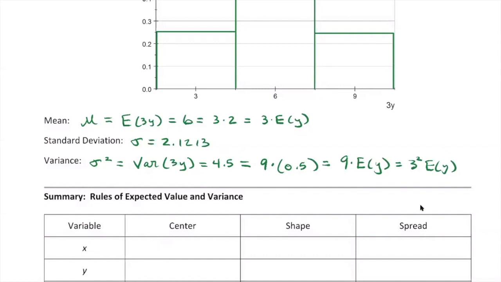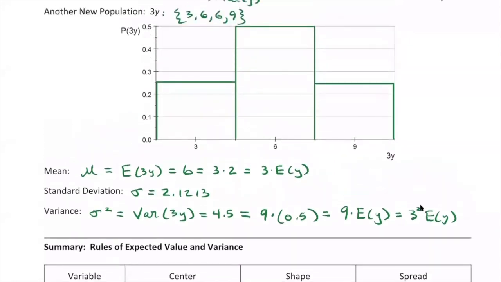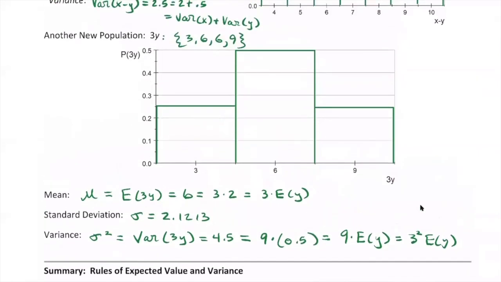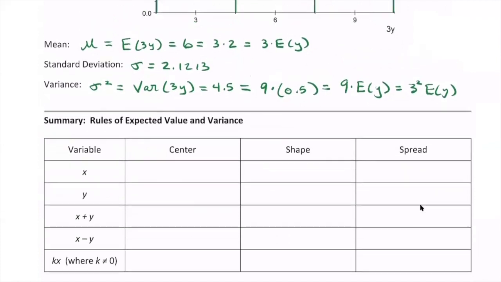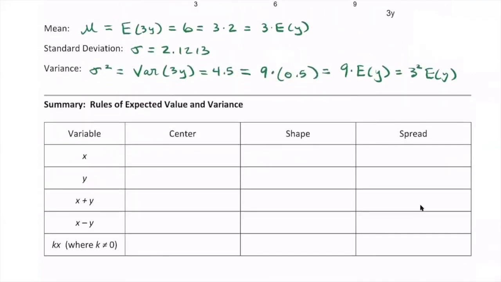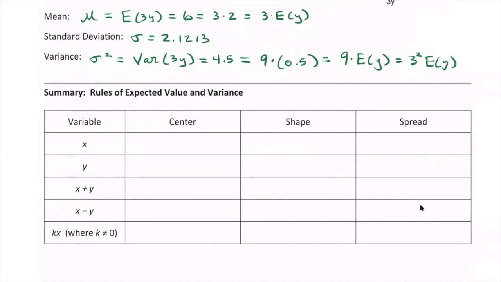All right, so we've sort of demonstrated all the principles, certainly not proven them, but we've demonstrated it. And so the first thing is the variables. We want to go ahead and summarize all this stuff. So the first thing was variable x. The center was the expected value of x, that's the mean.